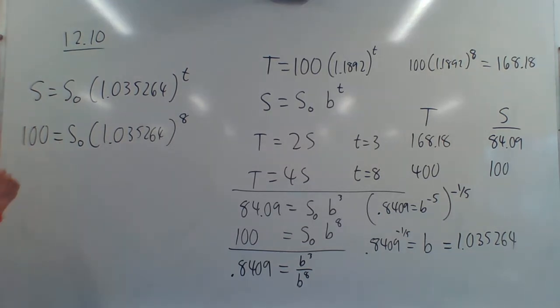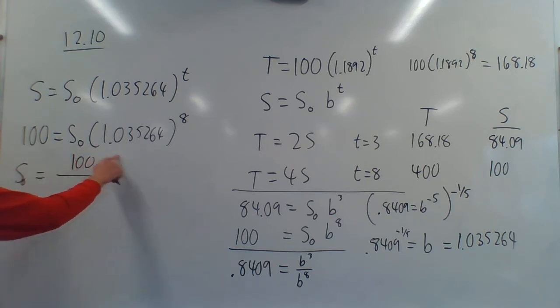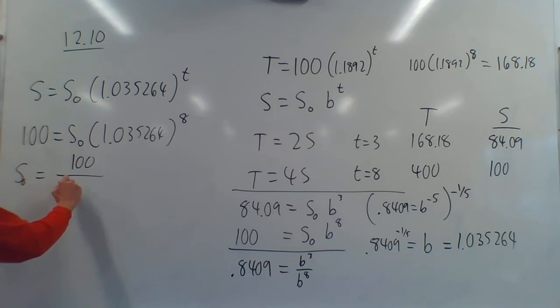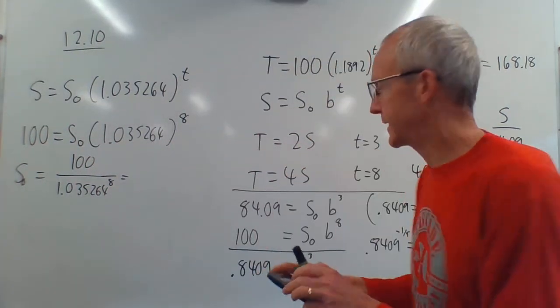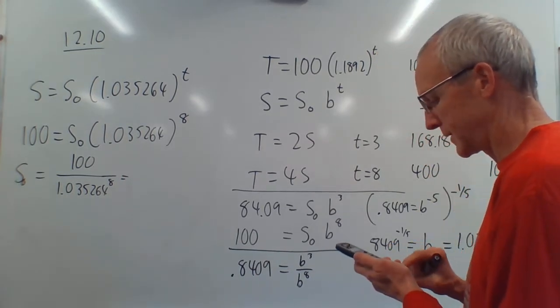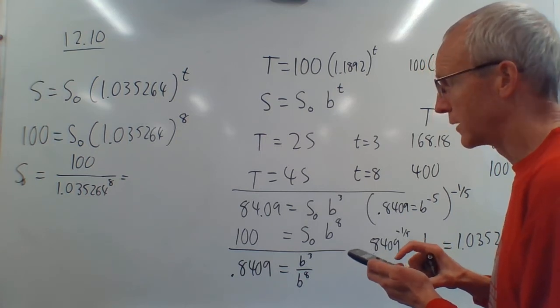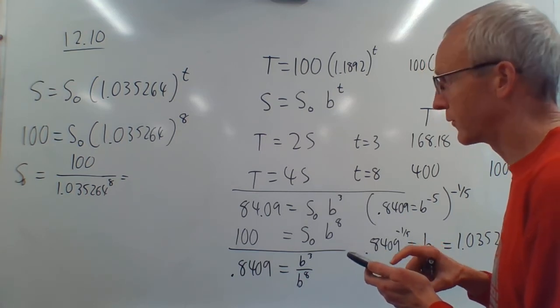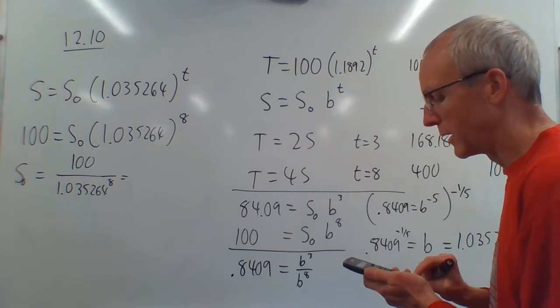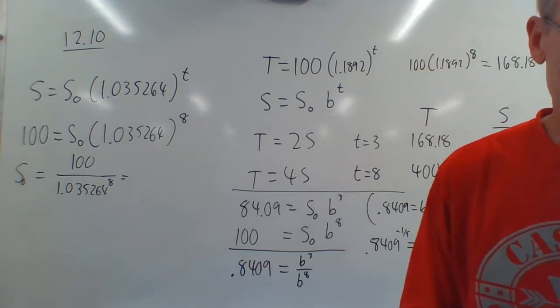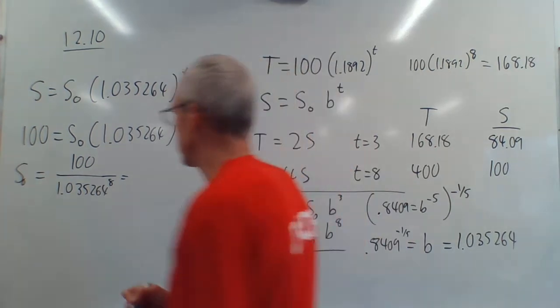So S0 is just 100 divided by 1.035264 to the 8th, which equals, here we go, it's really exciting, 75.786, good enough.